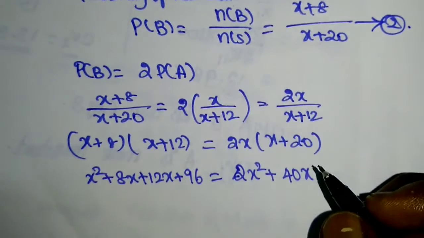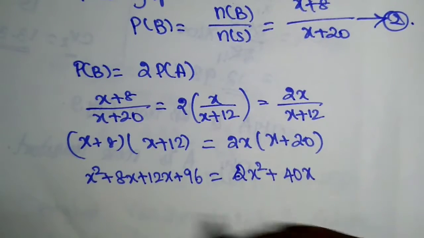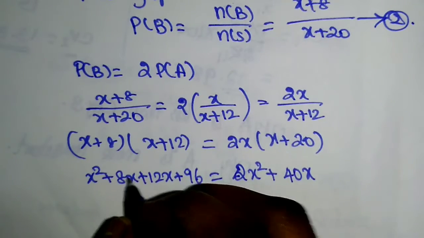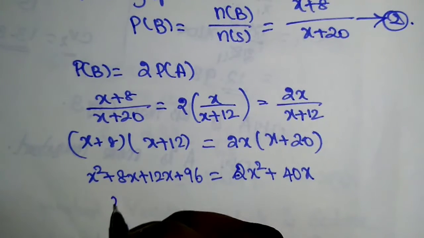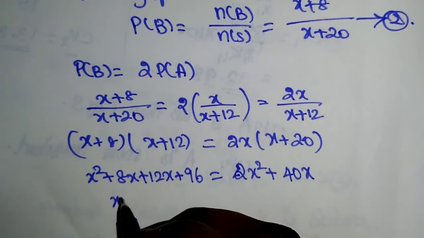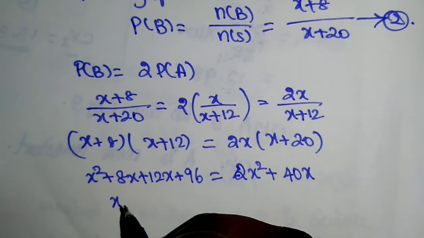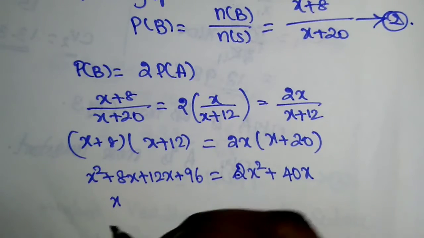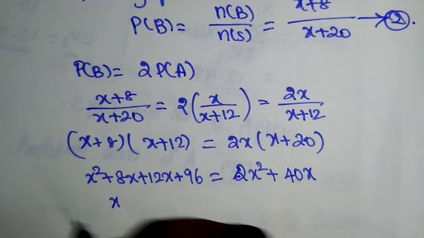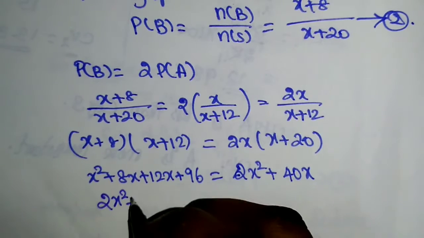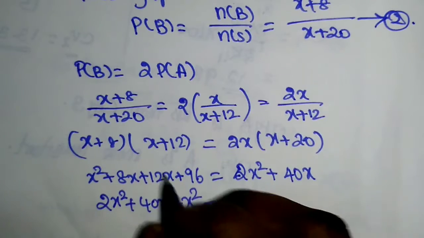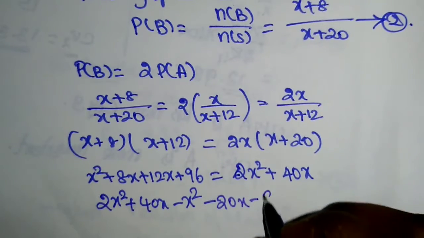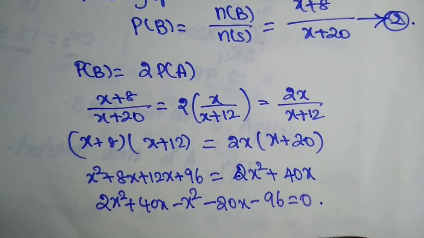So let us get it all on one side: 2x square plus 40x minus x square minus 20x minus 96 is equal to 0.